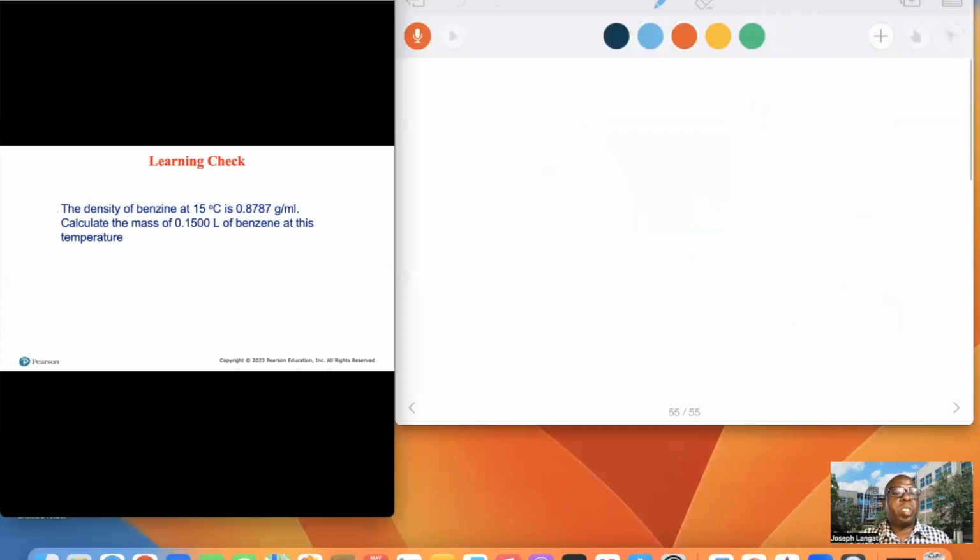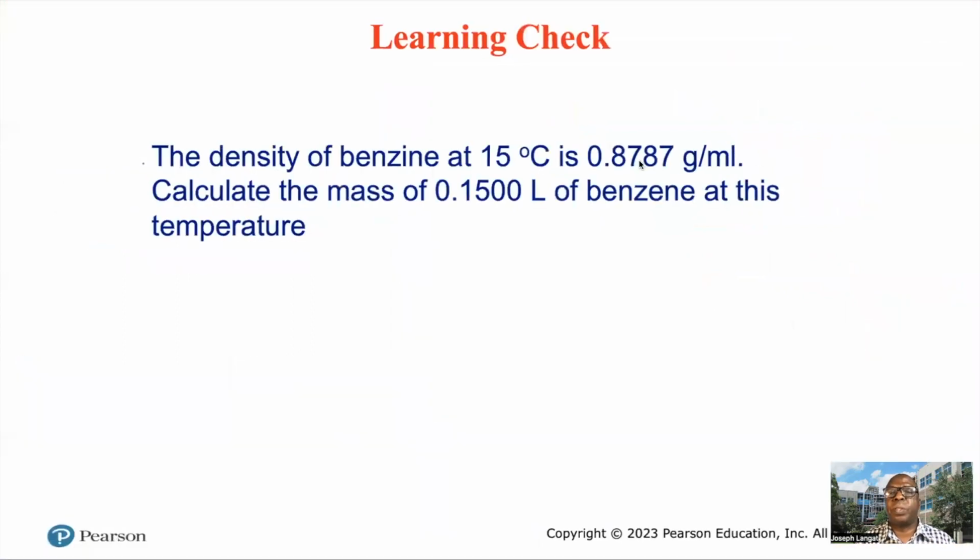Let's see, learning check here. The density of benzene at 15 degrees Celsius is 0.87 grams per ml. Calculate the mass of 0.1500 liters of benzene at this temperature.